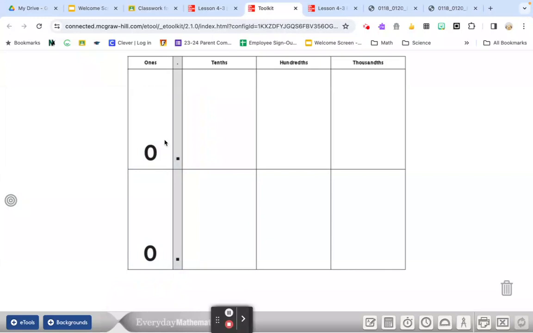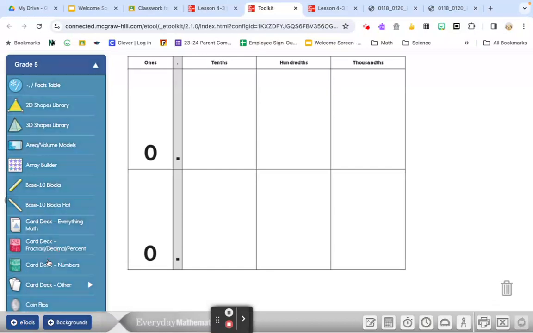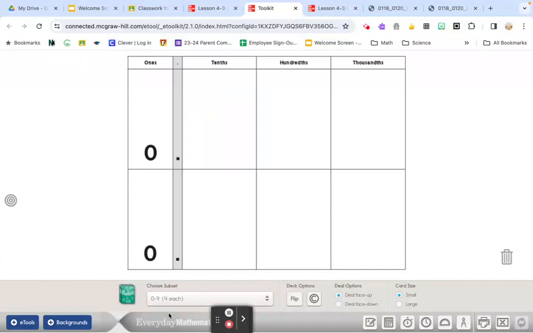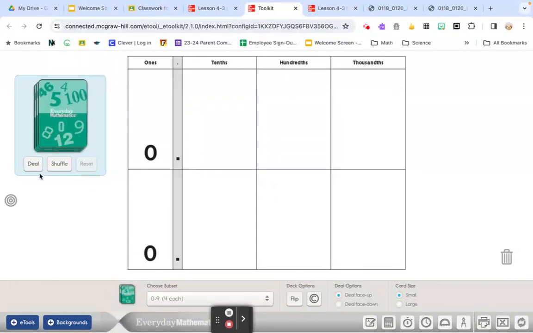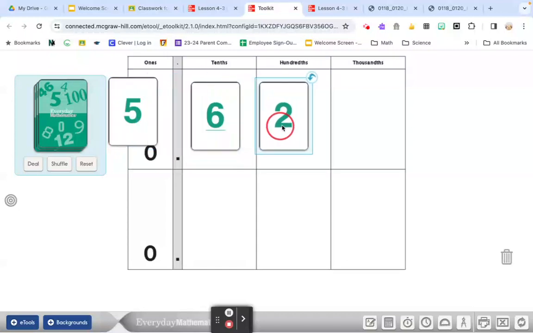And if you can't find this mat, it honestly is not a big deal. You can just put the cards in order on your screen. But then this allows you to then go to your eTools, go to card deck. You are only wanting 0 through 9 for each. Drag them up, and then you can deal them out. 1, 2, 3, and then place them in.